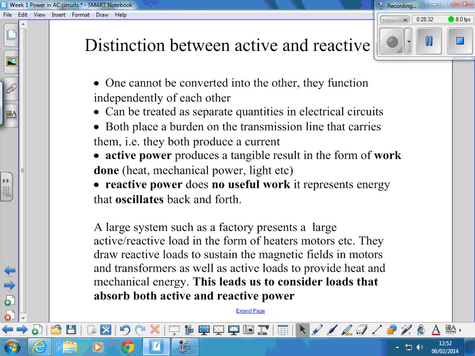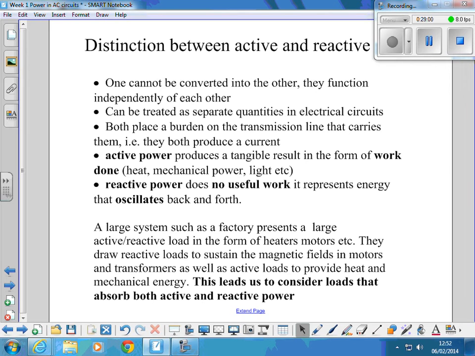So, we need to have a clarified distinction, really. This is to clarify everything I've covered so far, in a way, between active and reactive power. First of all, one cannot be converted into the other. They function completely independently of each other. You can't convert power in watts into vars or vice versa.